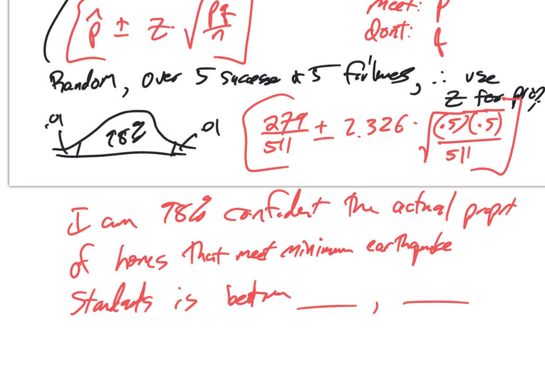All right. And because it's a proportion, you can change it to a percent. What you cannot say is I'm 98% confident that between 50% and 58% or whatever they are meet standards. You're not saying how many homes do, you're saying I am confident that the actual proportion is somewhere in this range.